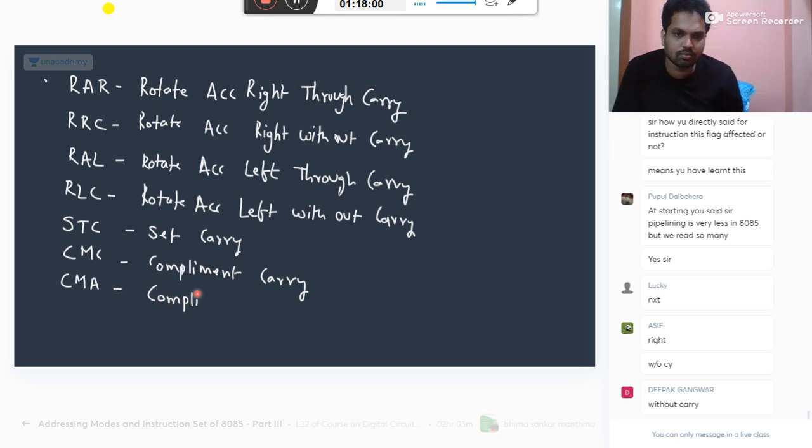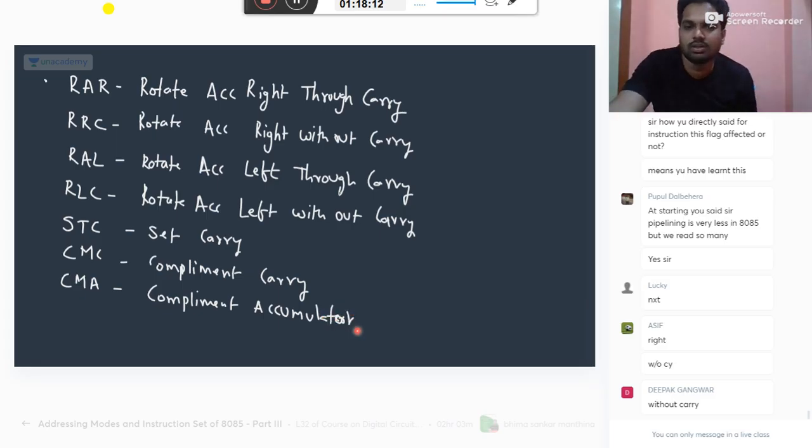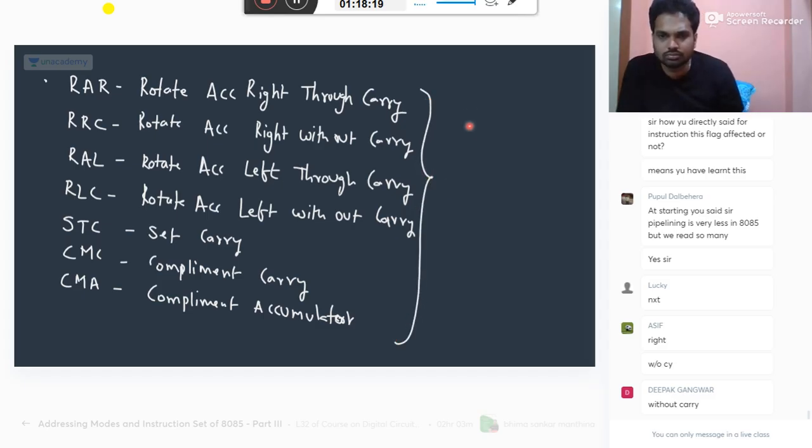Opcode fetch only. 1 machine cycle, only opcode fetch, 4 T states. What is the addressing mode here? All are done implicitly, the instruction itself having that. So implied or implicit addressing mode.